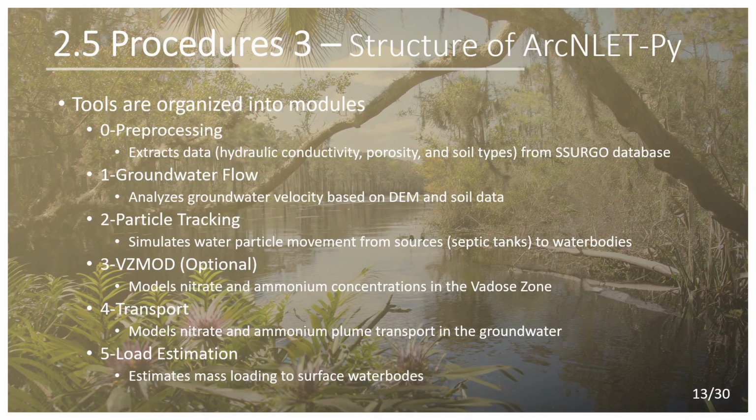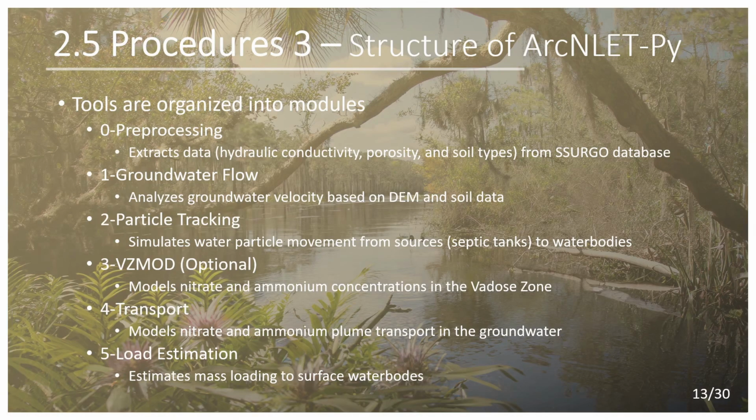The groundwater flow module is used to simulate groundwater velocity and velocity direction based on DEM and soil data. The particle tracking module is used to simulate water particle movement from the source area to the water body, and source area means septic tank here.